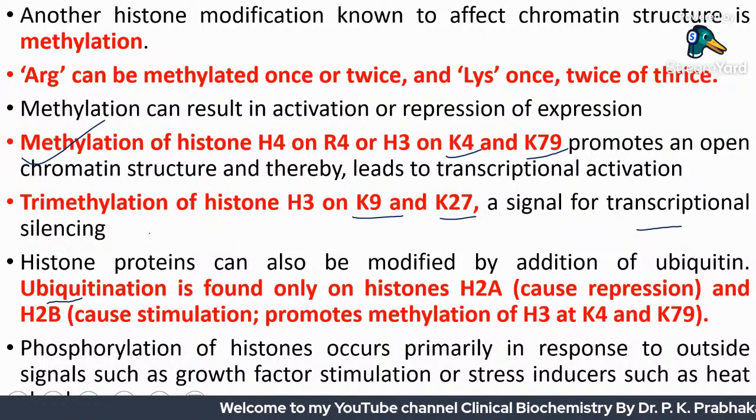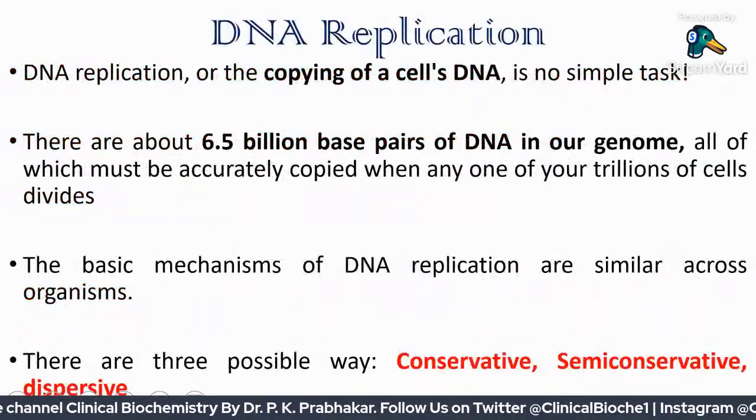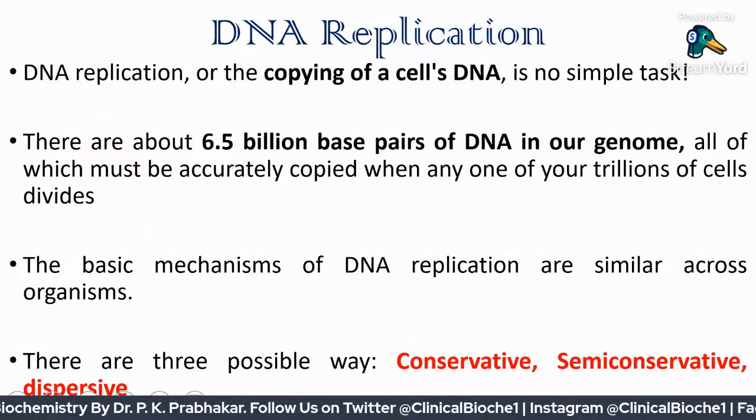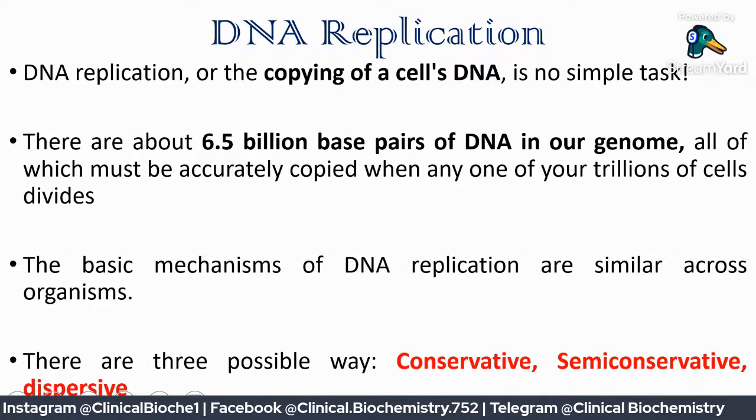Methylation and acetylation are the two most important transcriptional activators and inducers, which convert your heterochromatin into euchromatin. Now come to the actual replication. Does anyone have any query till now? Heterochromatin, euchromatin, how it is going to be silenced, how a gene is going to be activated, induced, anything?